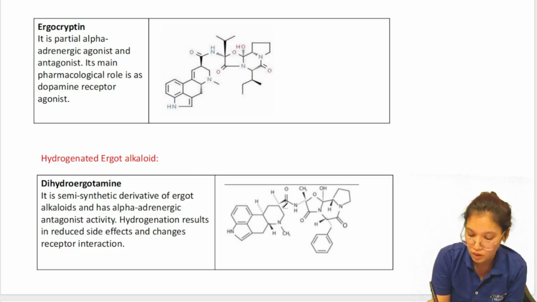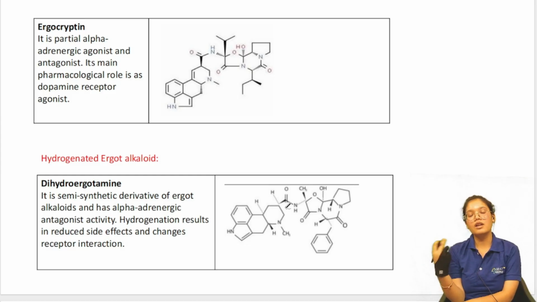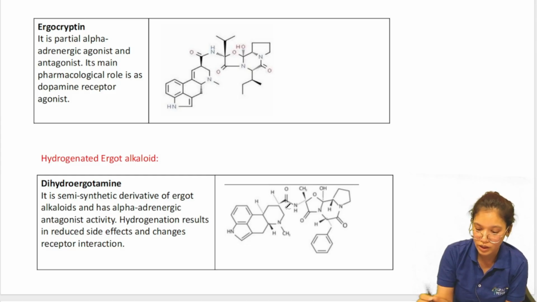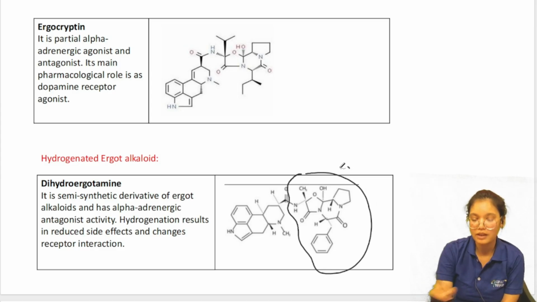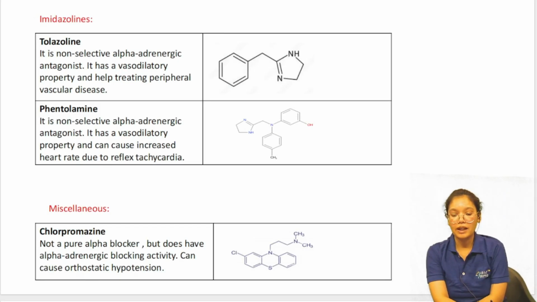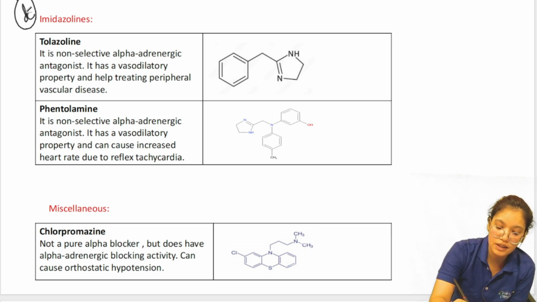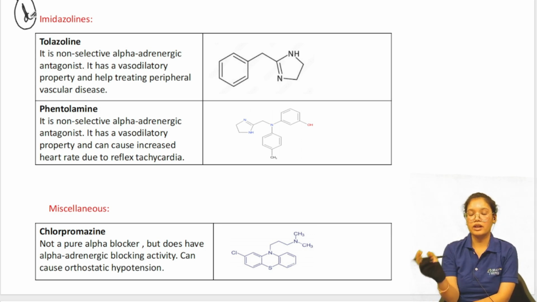This is basically done to reduce the side effects and change the receptor interaction. Okay. So this also has an ergoline ring and a peptide chain, or peptide tail.